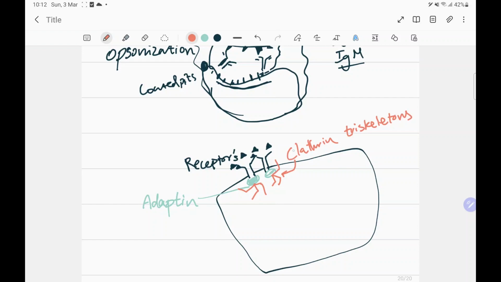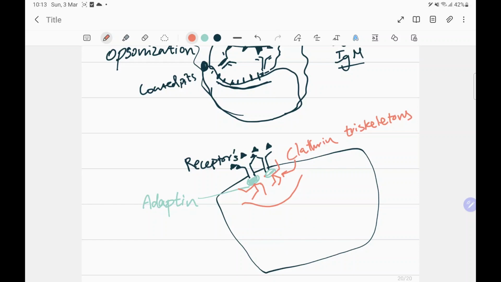Well, this clathrin organizes itself and attaches to these adaptin molecules, and it causes the cell membrane to slowly get bent inwards. It pulls it in. So what was straight like this eventually bends inwards because the clathrin is pulling it inwards. Okay, the clathrin plays an important role in this.